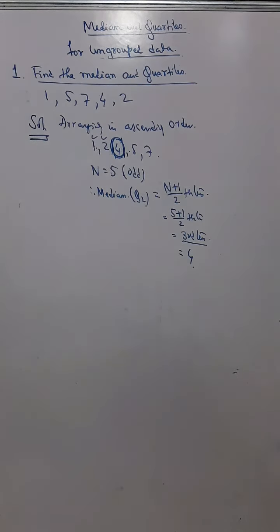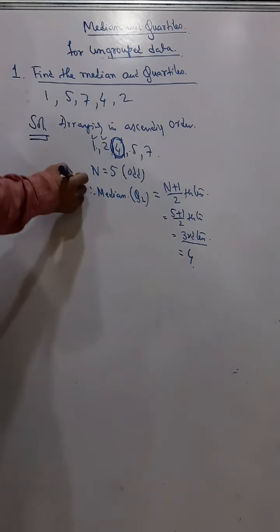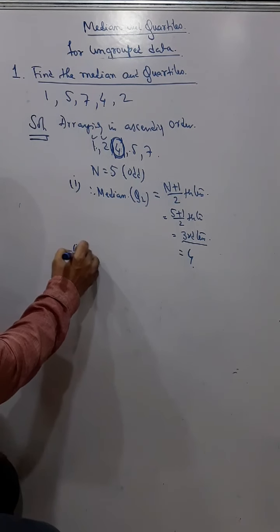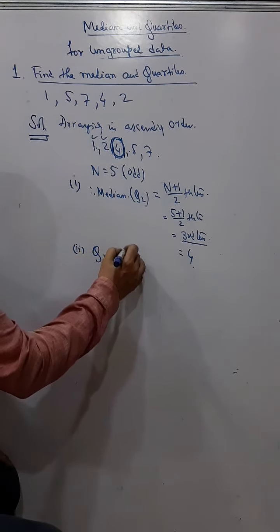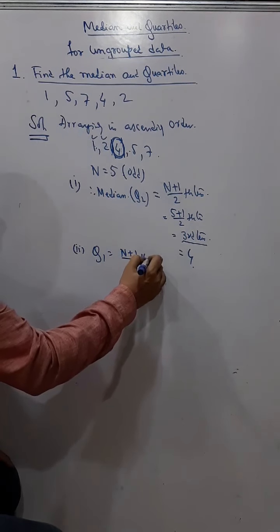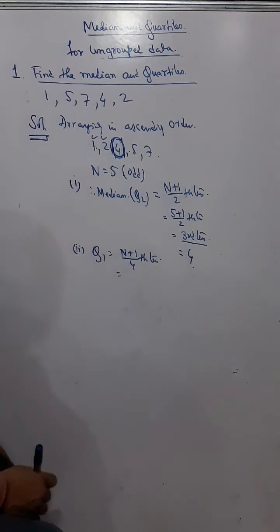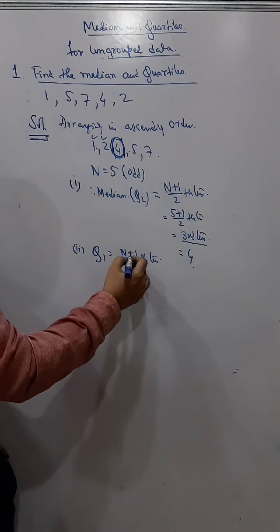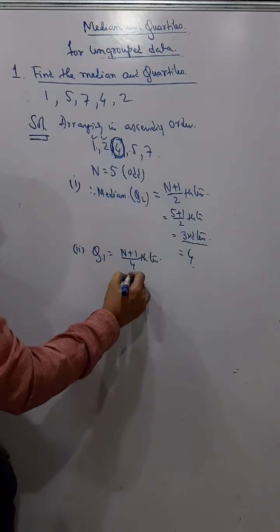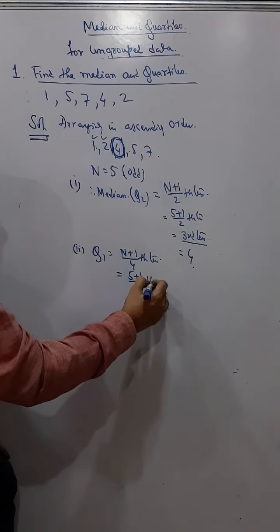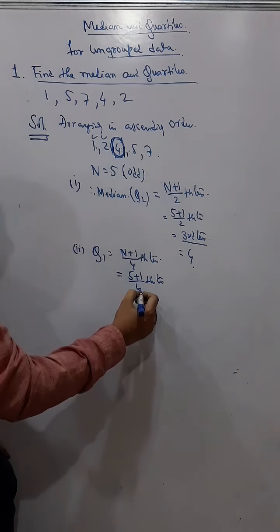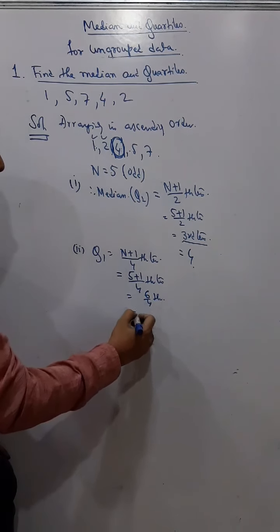Similarly, we will also get the quartiles Q1 and Q3. Now I will find Q1. Q1 will be the (n plus 1) by 4th term, that is (5 plus 1) by 4th term, which is 6 by 4, and that is 3 by 2.